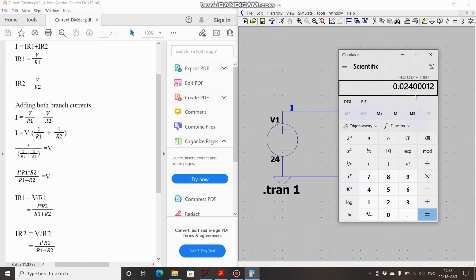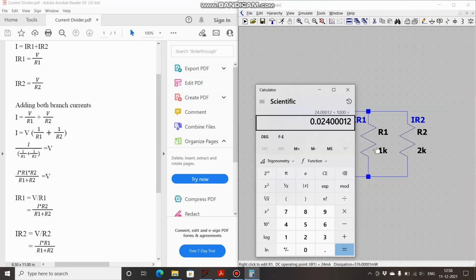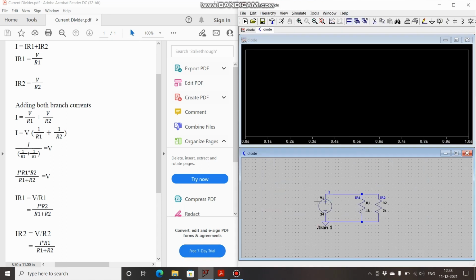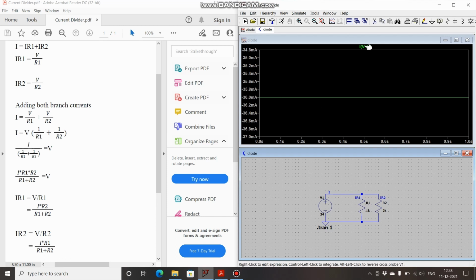So what you get is 24 milliamps, and 24 milliamps are going through this resistance, which means 12 milliamp should go through this resistor. Let's simulate and check the answer. So see, it's 36 milliamp. You can see now current through this is equal to 24 and through this is equal to 12.